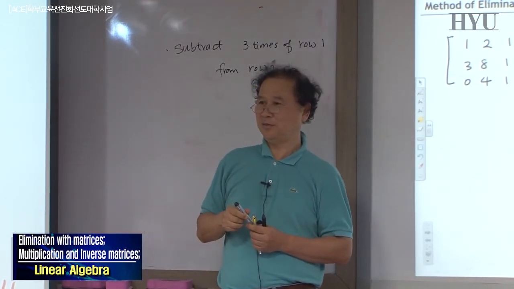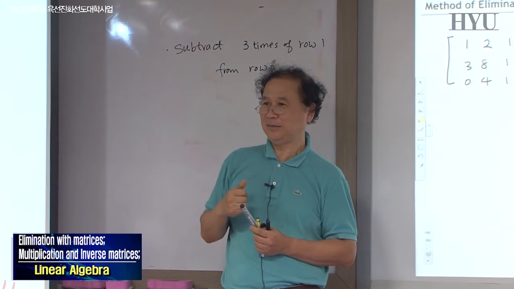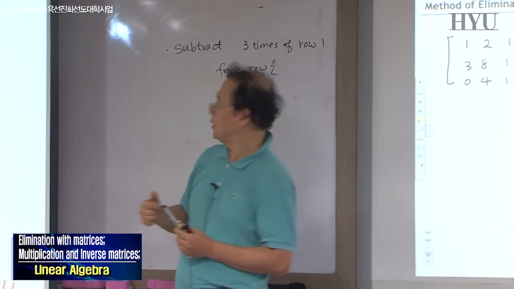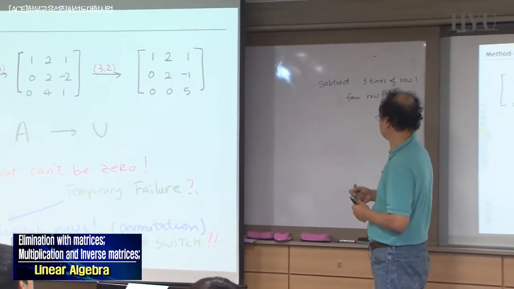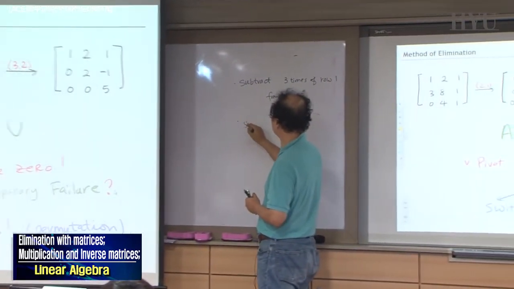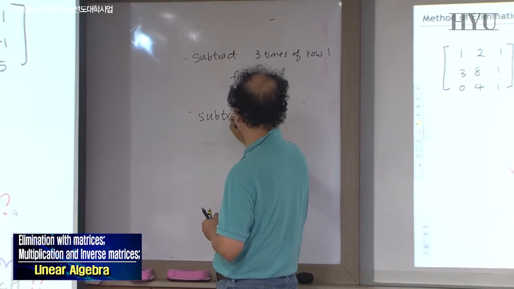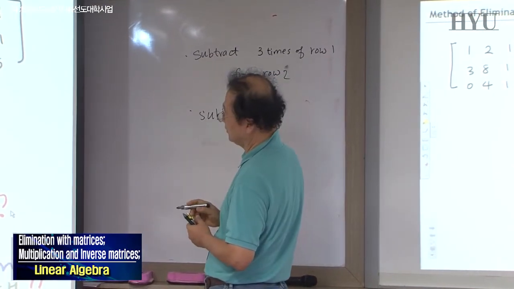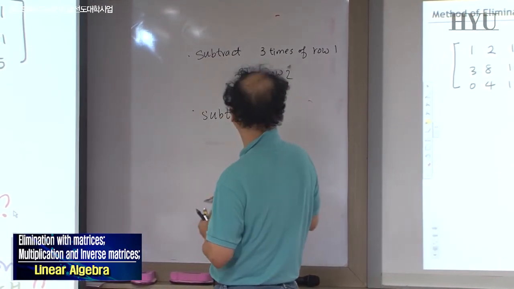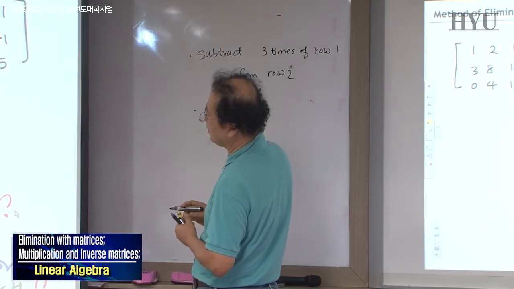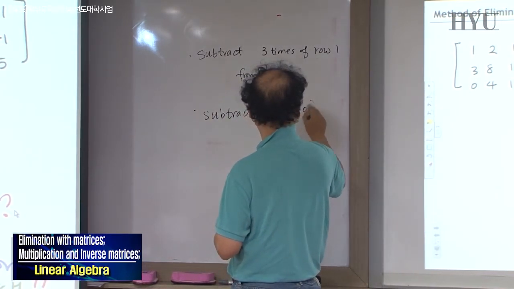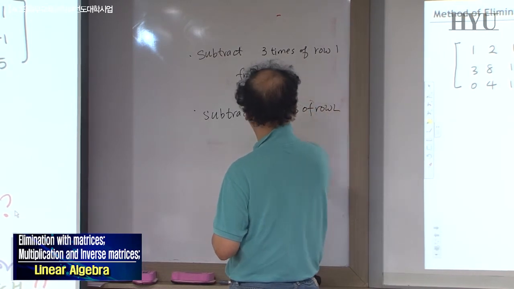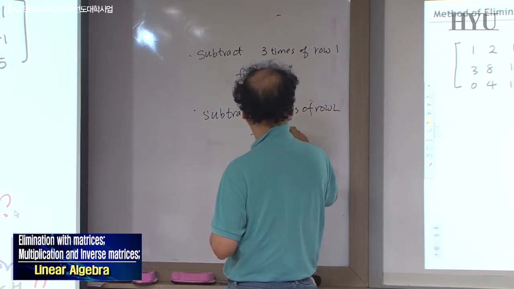Now can you see how to make that? From here to here, what do we do? Here we subtract, the same thing, right? Subtract row 2, how many times? 2 times row 2 from row 3, right?